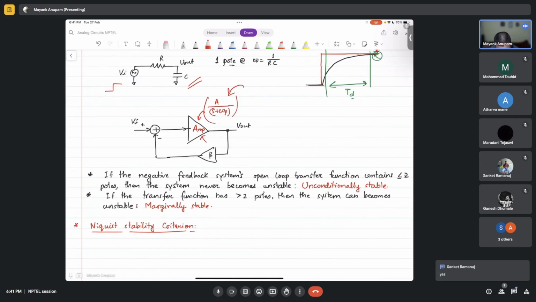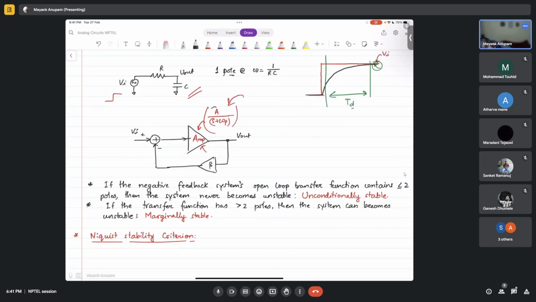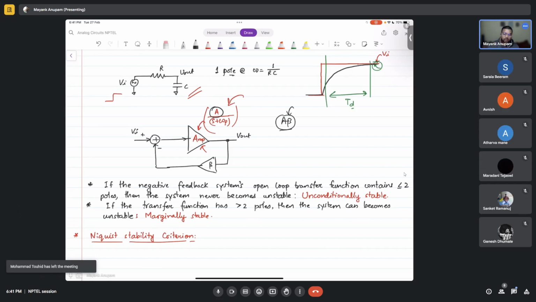Okay, Sanket. If the negative feedback system is stable without any conditions on the gain of the system, on this particular constant A times beta, if this can be anything and there is no condition on the parameter A beta, then you can say that the system is unconditionally stable.